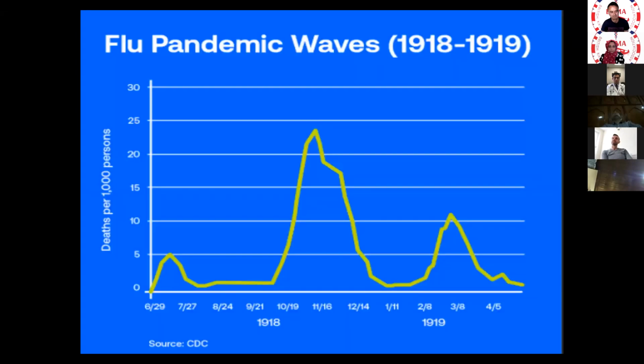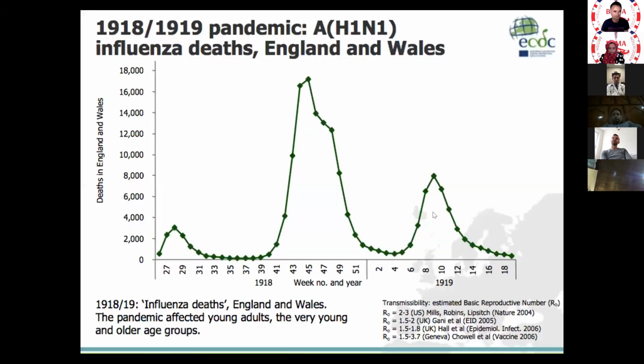And practically, if we see 1919, this was the first wave, this was the second wave, this was the third wave, which we are anticipating in this also, a small fourth wave, and then the end of the pandemic. But it remained as the undercurrent influenza, which continues till now. So we have to learn from our own mistakes.